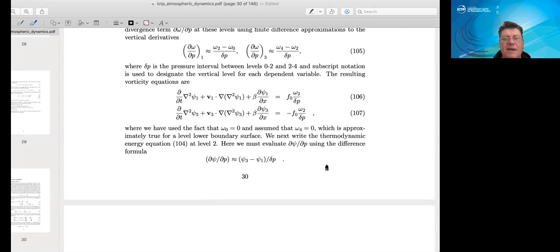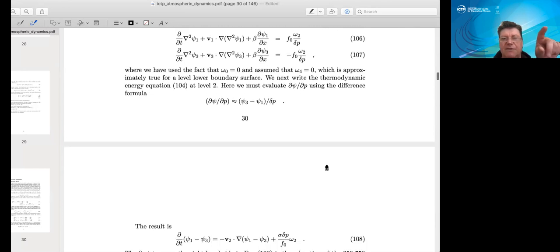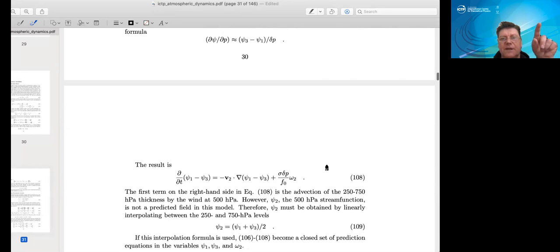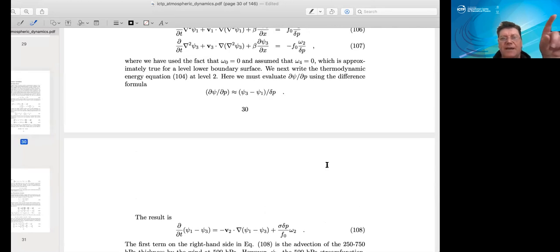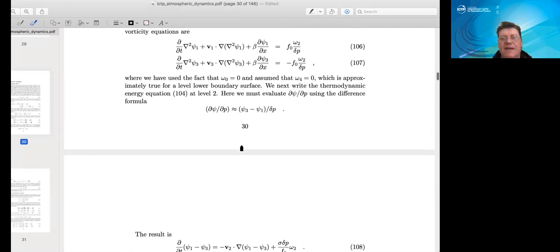Now for the thermodynamic equation, we apply at the mid-level, not at level 1 and level 3, but at the mid-level 2. In order to do that, we have again to express this vertical derivative as a discretized vertical derivative.